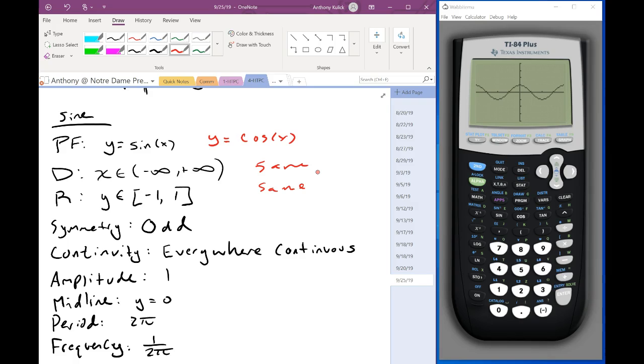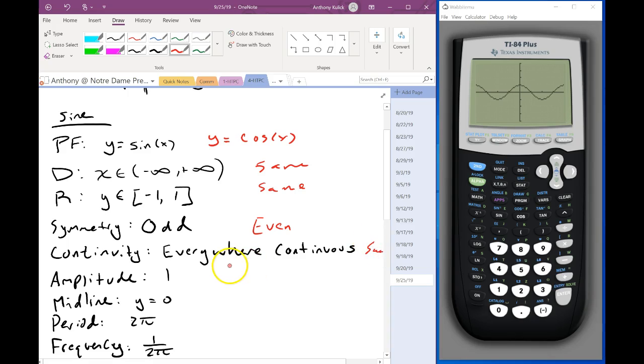That's symmetric about the y-axis. It's not that 180-degree point symmetry. We had a term for that. We called those even functions when they're symmetric about the y-axis. The continuity, though, is the same.